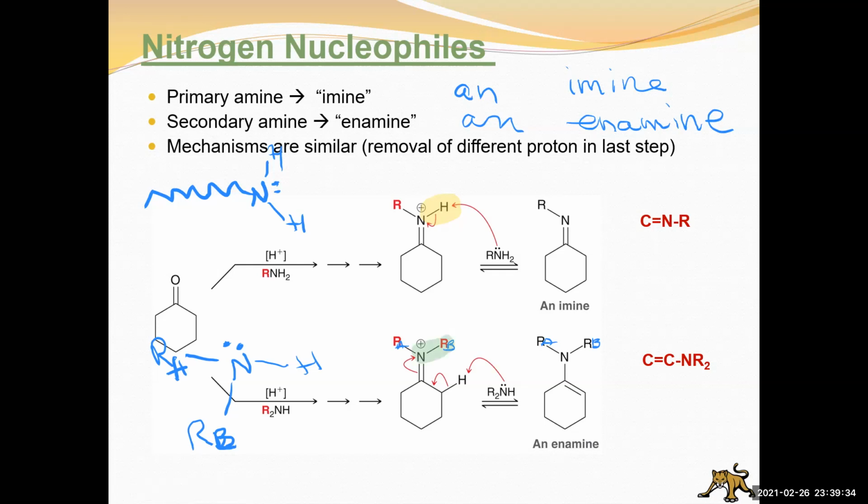So here's the thing, when it comes to the last proton transfer step, the secondary didn't have a proton left on the nitrogen itself to take off. There's no protons left there. So it has no choice on the last proton step, but to take 1 off down here from a neighboring carbon.